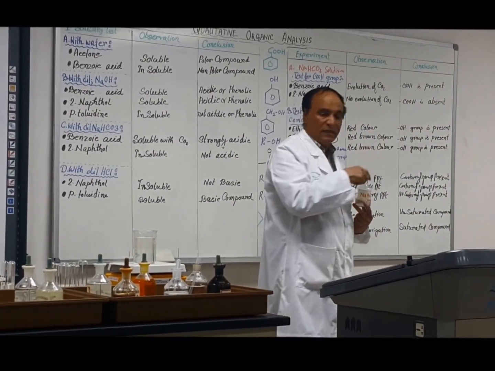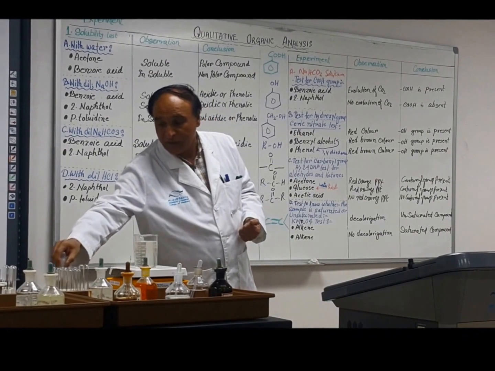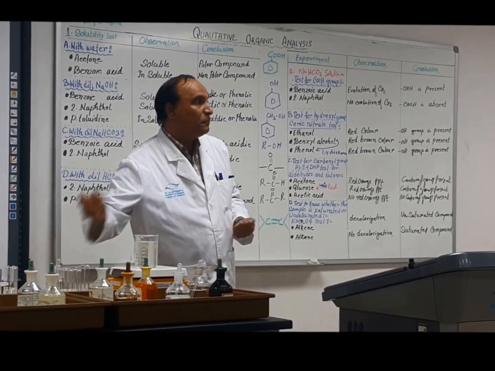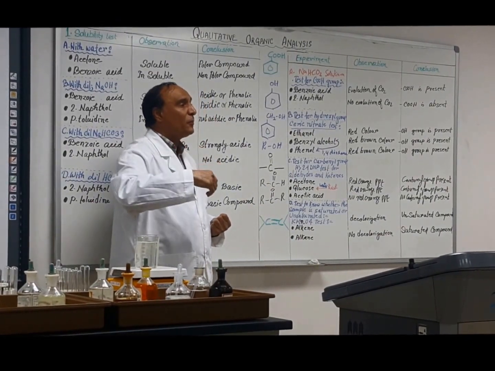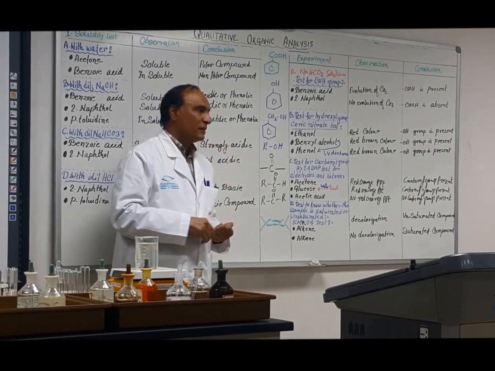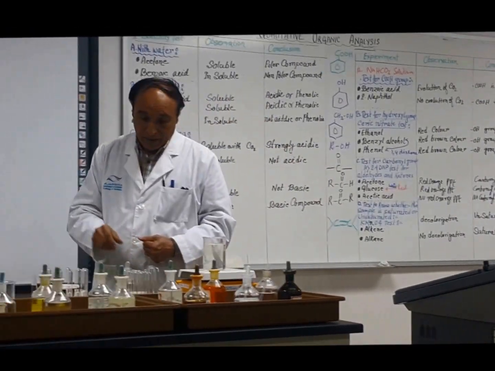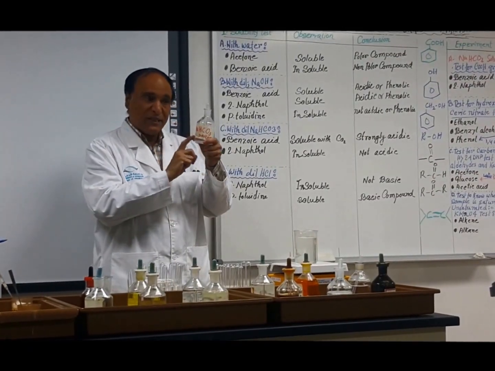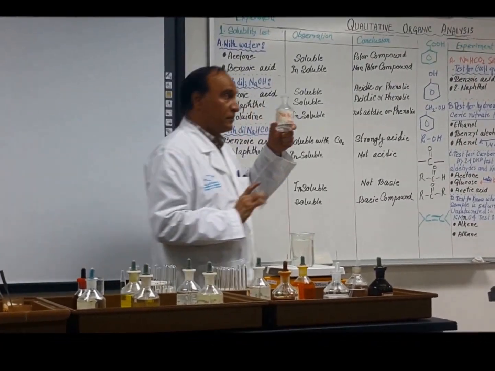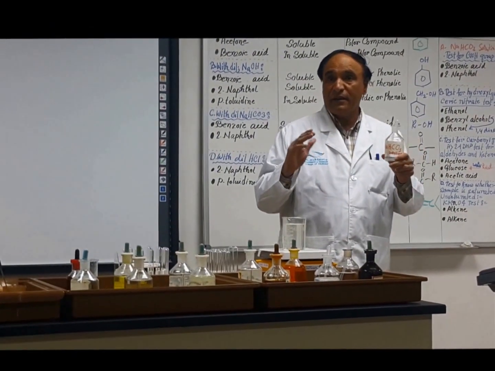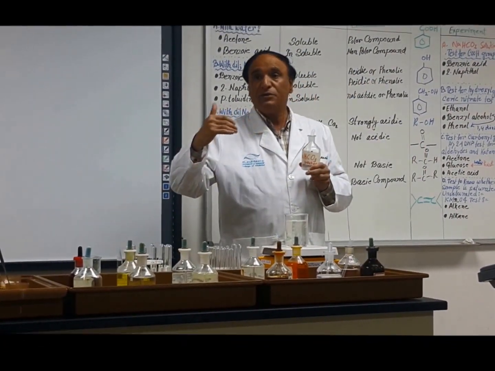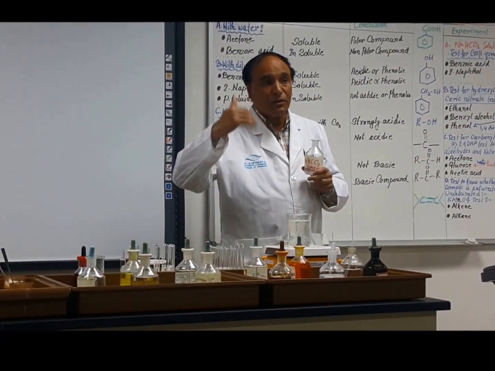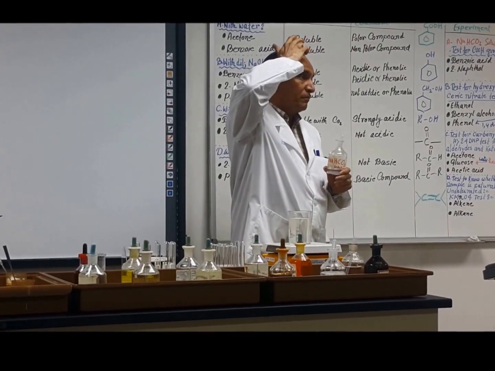This sentence usually applies to polar things: polar dissolves in polar and non-polar dissolves in non-polar. Now, this is very important for sodium hydrogen carbonate. Remember this, because you are going to deal with acids and bases not only here, but in the other labs also.